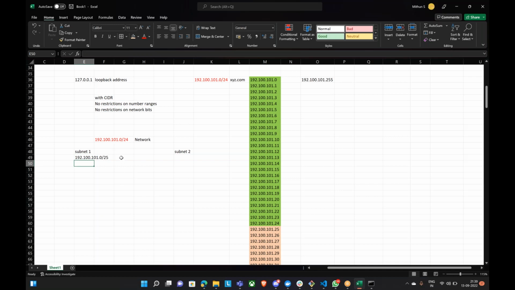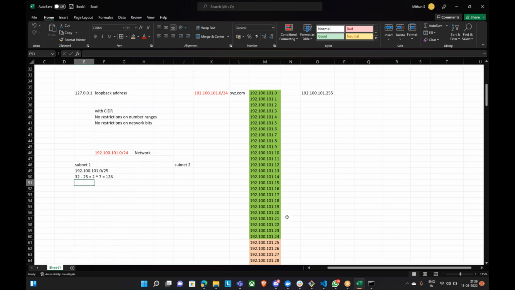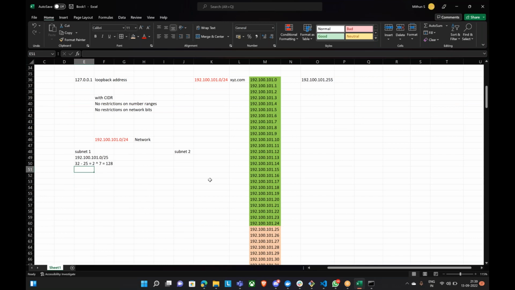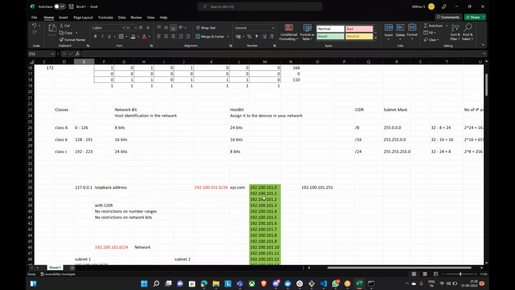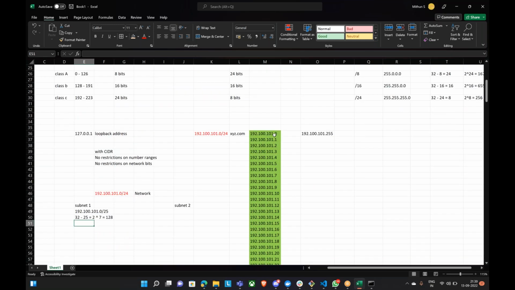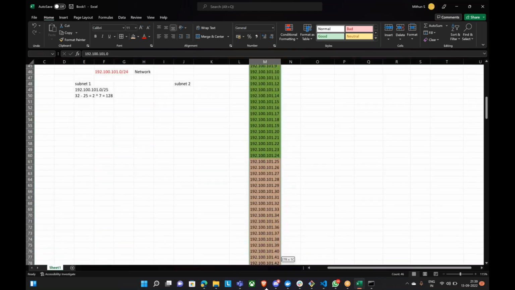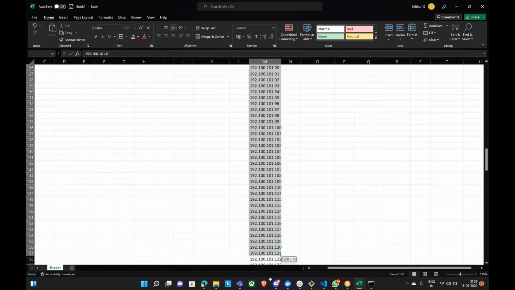Then calculate how many IP addresses we will get. Simple. So 32 minus 25 equals 7, 2 to the power 7, which means 128 IP addresses. Correct? Yes or no? 128 IP addresses. That is the reason I took this example, because it becomes easy for you to analyze things. So start from 101.0 to here.